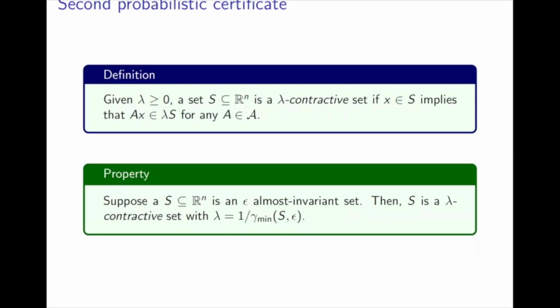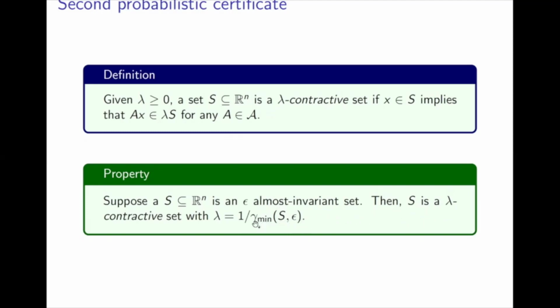To derive the second certificate, we need the concept of a lambda contractive set. The definition is standard. Here we just have to take all the dynamic models into consideration. With this definition, we can see that when the set is epsilon almost invariant, we can always compute a contraction rate, which means the set is lambda contractive.